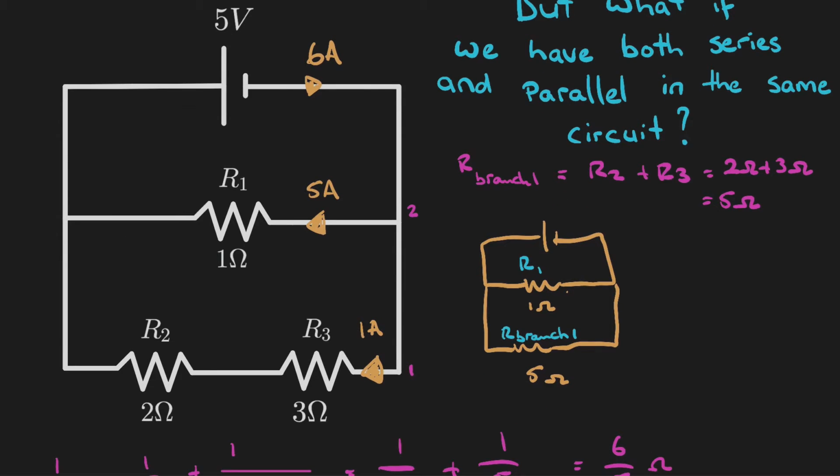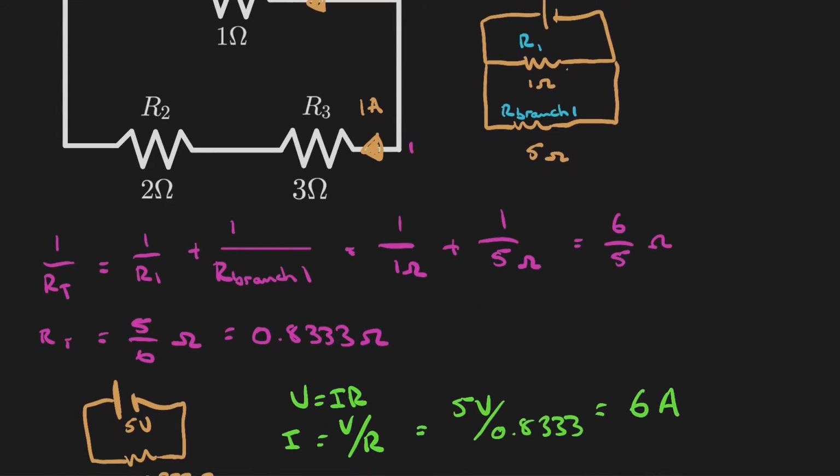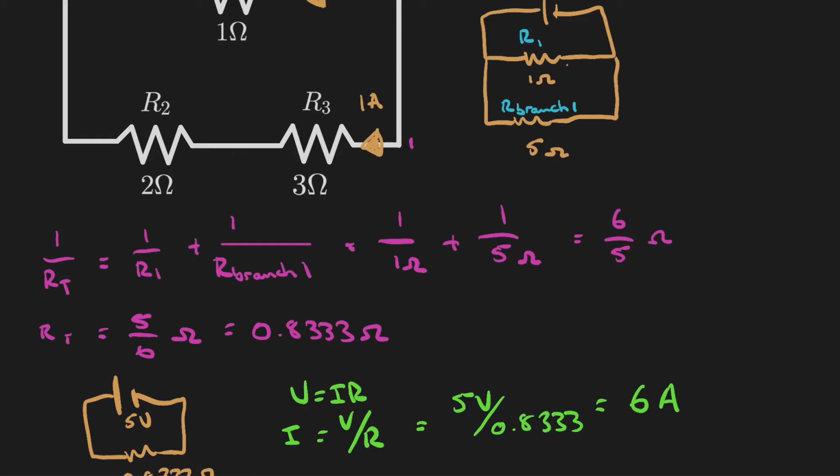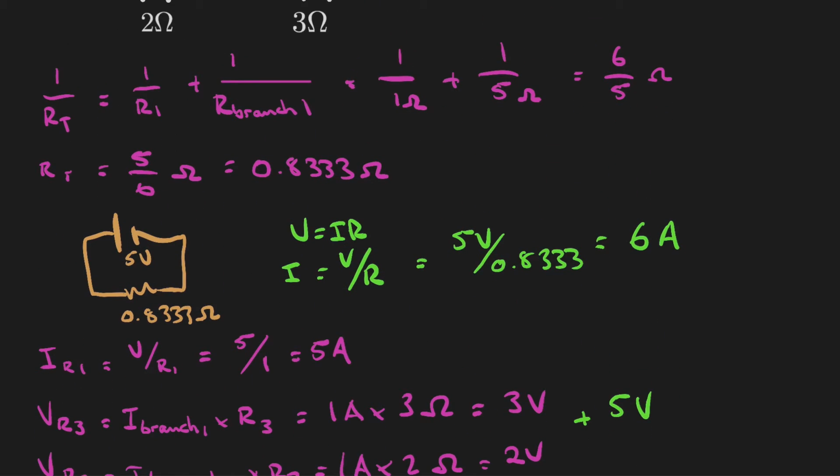And then we just had to apply our parallel rules, which is 1 over RT equals 1 over R1 plus 1 over R2, etc., etc. And we've got 5 over 6 ohms, or 0.8333 ohms. And we were left with this circuit, which is our equivalent circuit. And then we could find out what the total current was for this circuit, which was 6 amps, by using Ohm's law.